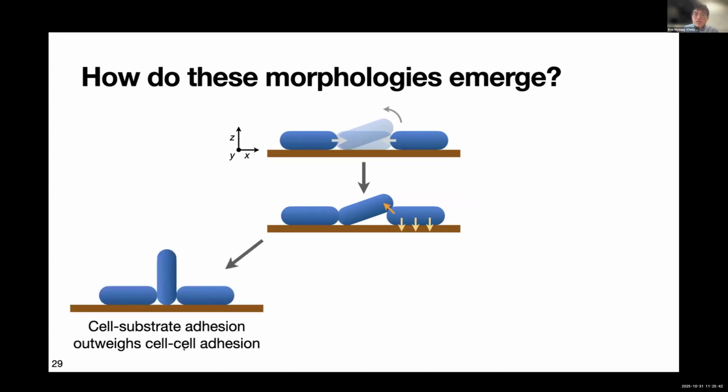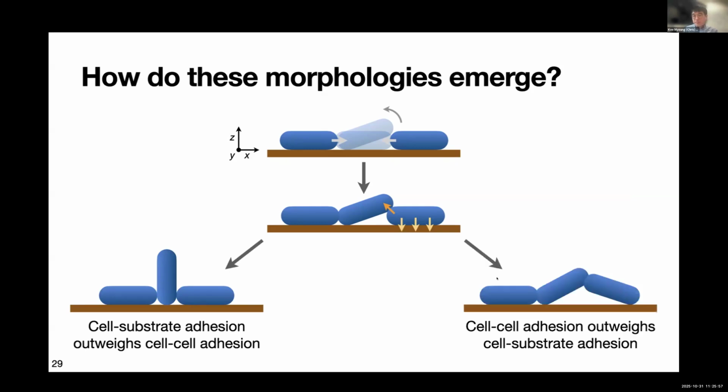So if cell-substrate adhesion is much stronger than cell-cell adhesion, we're going to see verticalization, because this cell on the right is not going to care about the cell in the middle, and the cell in the middle is free to verticalize of its own accord. On the other hand, if cell-cell adhesion is much stronger than cell-substrate adhesion, you can imagine that this cell in the middle is going to tear the cell on the right off the substrate, like this.